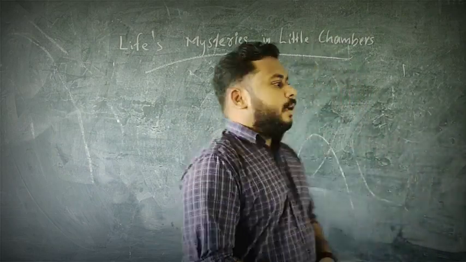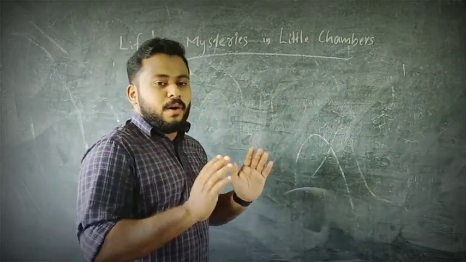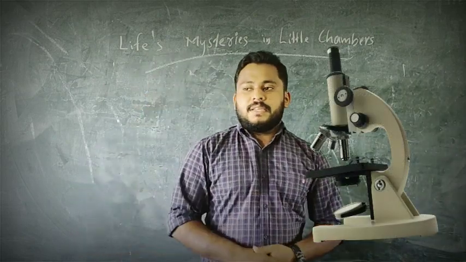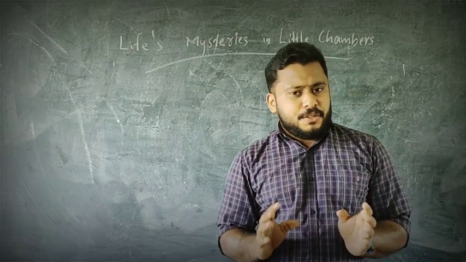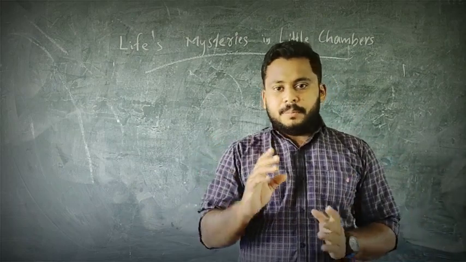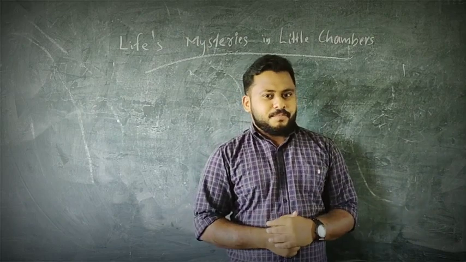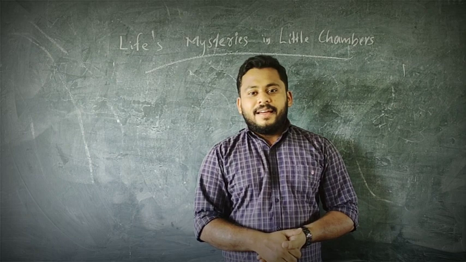So, first of all, we want to discuss the structure of a microscope. The structure means the different parts of a microscope. I think you have an idea about the microscope. You have already heard about it in your science lab.